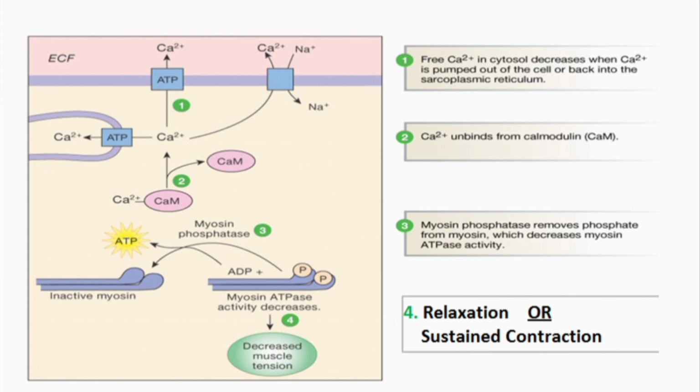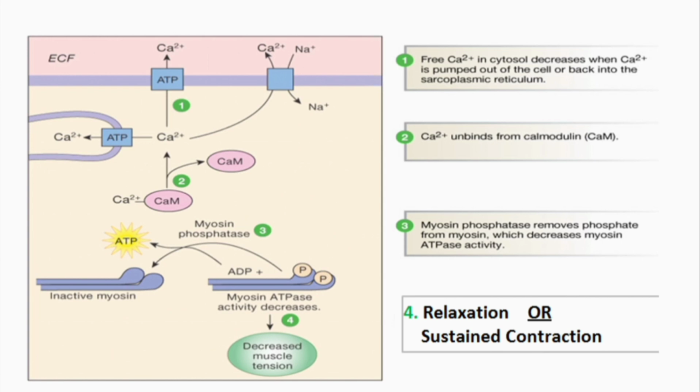Relaxation can also occur in response to local metabolic factors such as hypoxia, decreased oxygen, hypercapnia, increased carbon dioxide, acidosis, meaning increased H ions, increased potassium, lactic acid, adenosine, and then nitric oxide. They can also lead to the relaxation of smooth muscle.